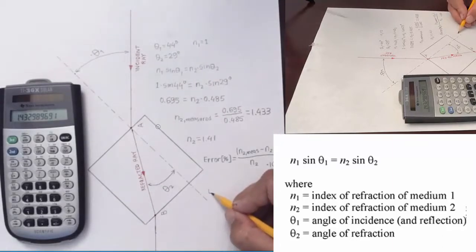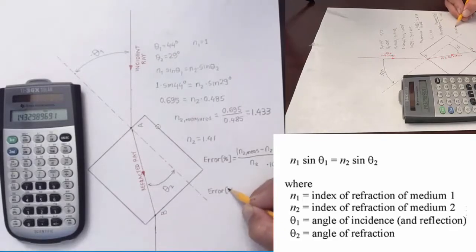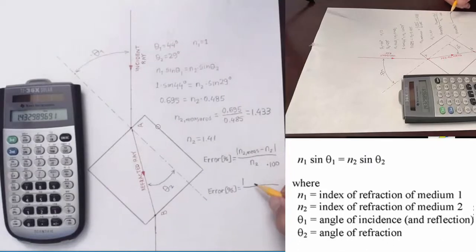In our case the error percentage is the absolute value of 1.433 minus 1.41 over 1.41. The absolute value of 1.433 minus 1.41 is equal to 0.023, over 1.41, and then times 100.